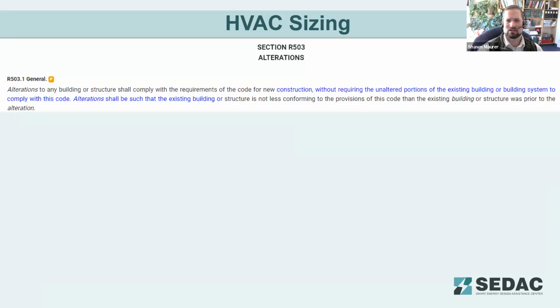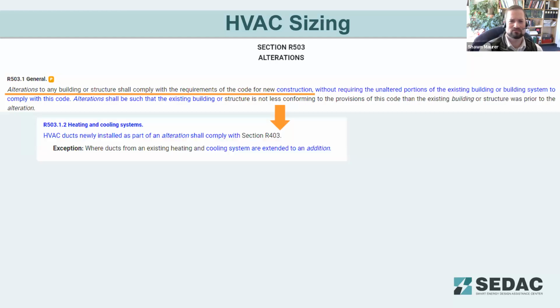So we're going to start in R503 for this residential property, looking at alteration of a system. And then we're scrolling through: alterations to any building or structure shall comply with requirements for new construction. That is listed in R503.1. So any altered system that's part of this project needs to comply as if new construction.